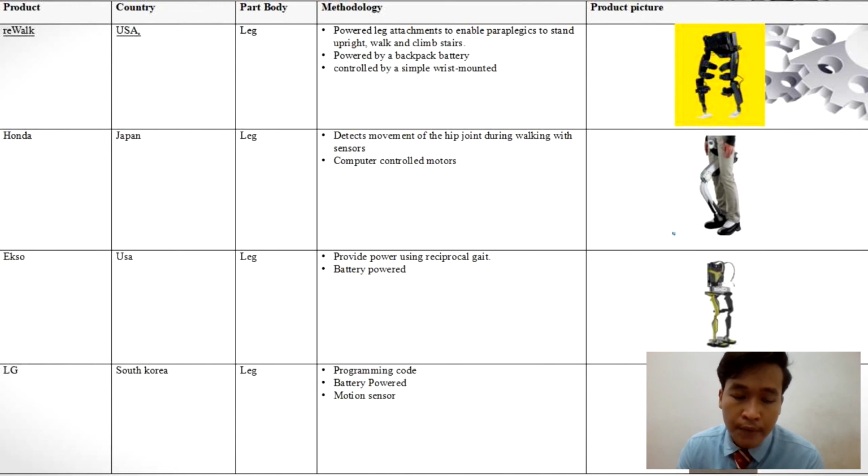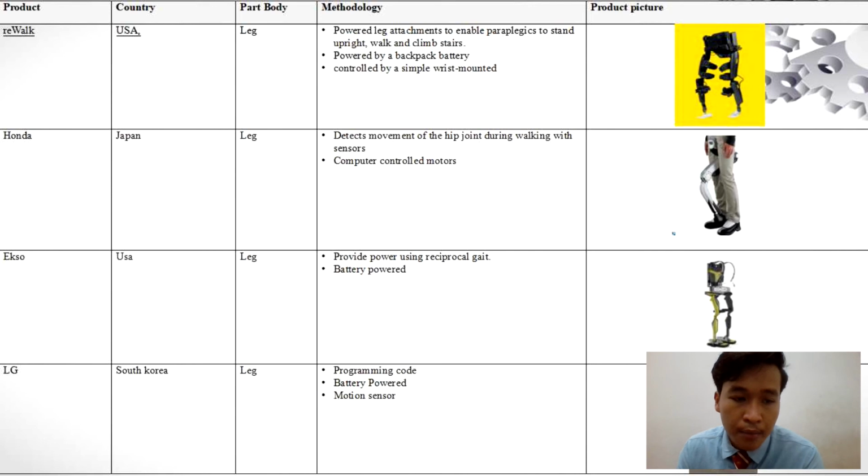The second product is from Honda, a well-known Japanese company. It detects movement of the hip joint during walking using sensors and computer-controlled motors. The next product is the EXO from the USA. It provides power using a reciprocal key and is battery powered.